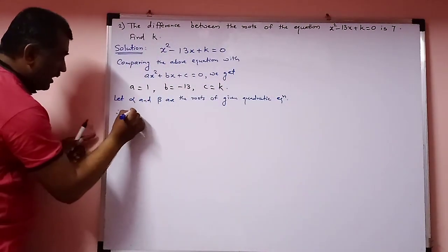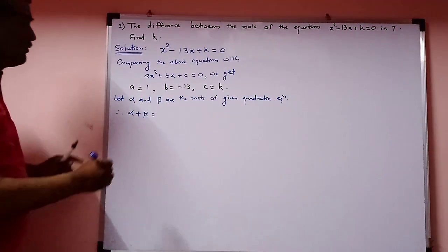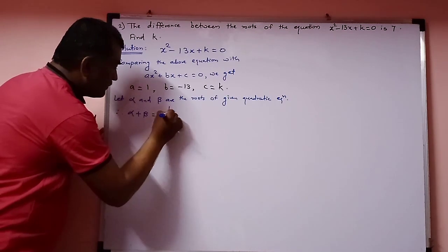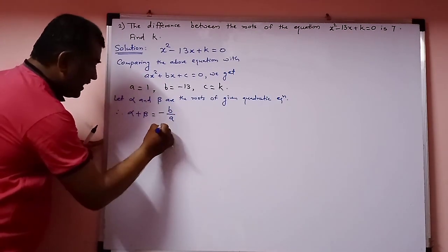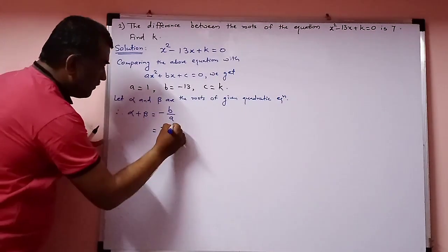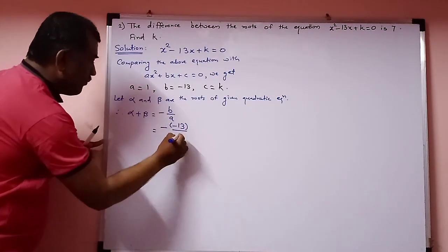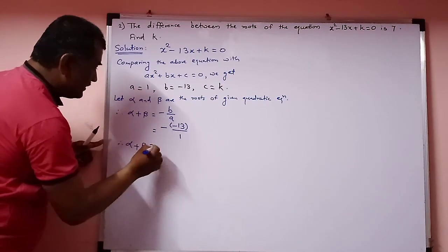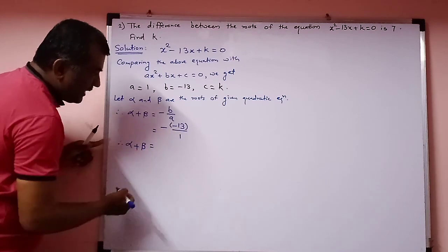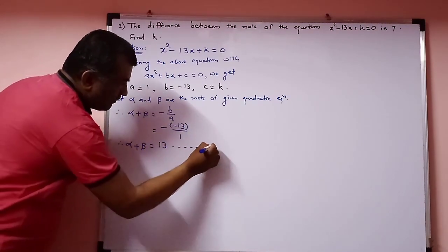Therefore, alpha plus beta, the addition of roots of a quadratic equation, is minus b upon a, is equal to minus value of b minus 13 upon value of a 1. Therefore, alpha plus beta is equal to minus into minus, plus 13. Equation number first.